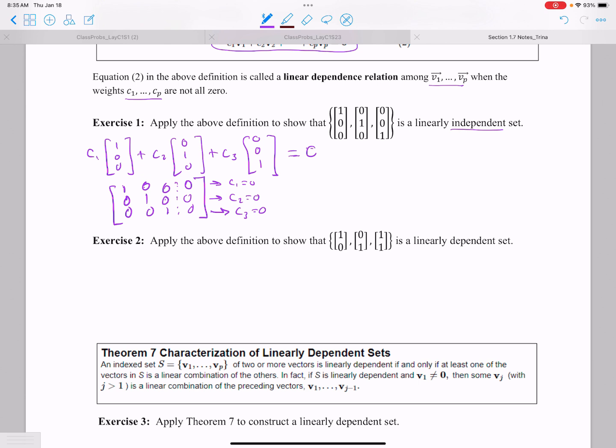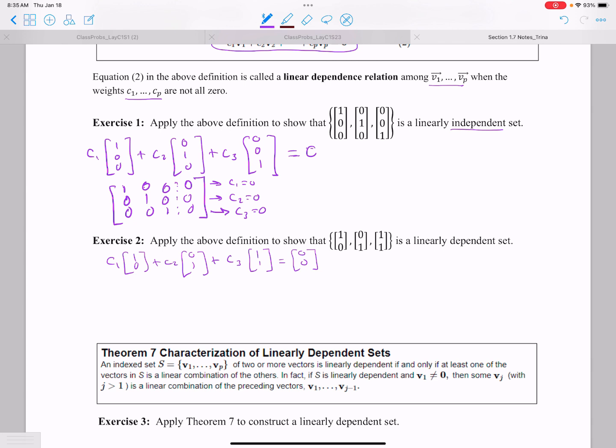So now I'm going to apply the same definition and show this is a linearly dependent set. So again, I'm trying to find weights C1, C2, C3. C1 times (1, 0), plus C2 times (0, 1), plus C3 times (1, 1) has to equal (0, 0).